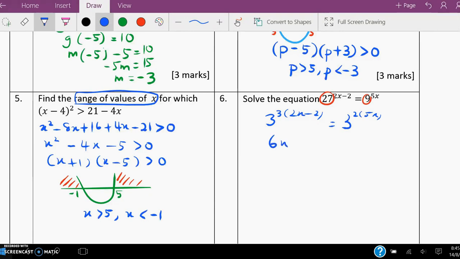So 6x minus 6 equals 10x. It should be 4x equals negative 6. x is negative 3 over 2.